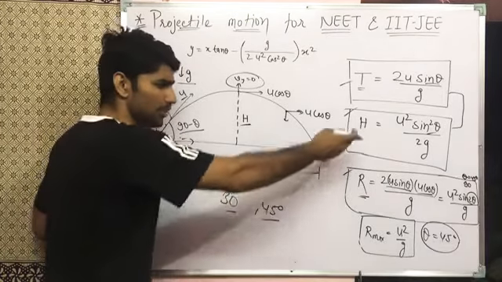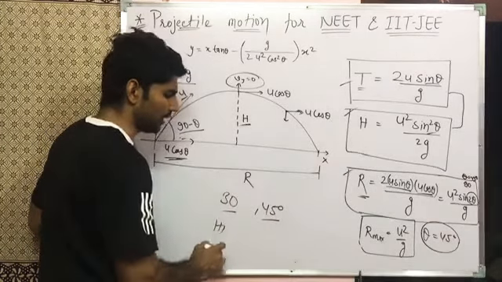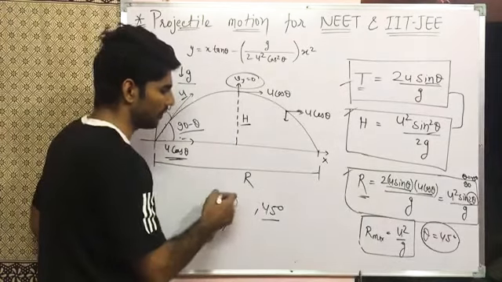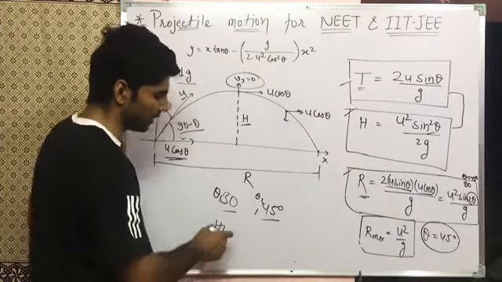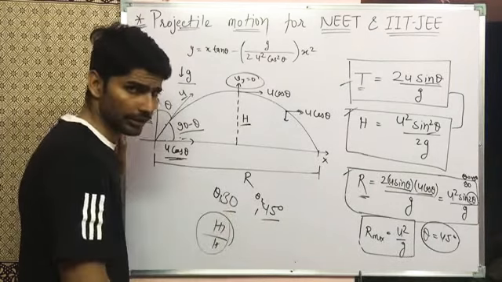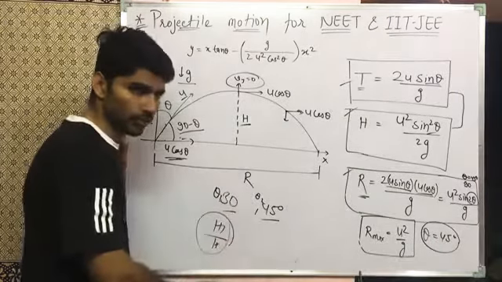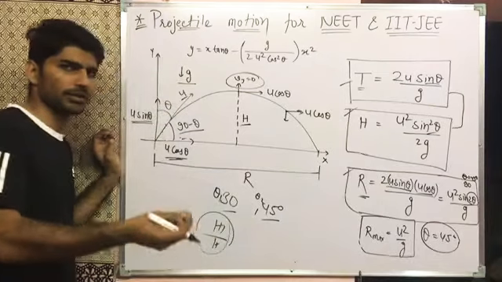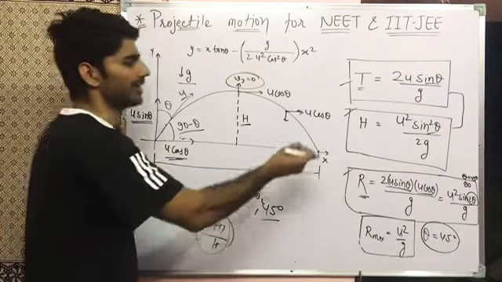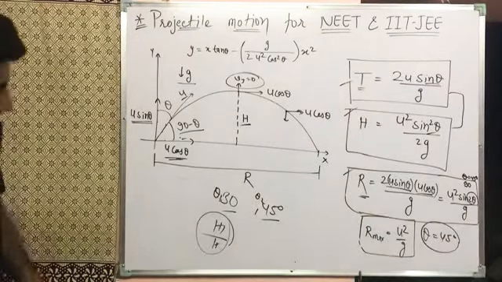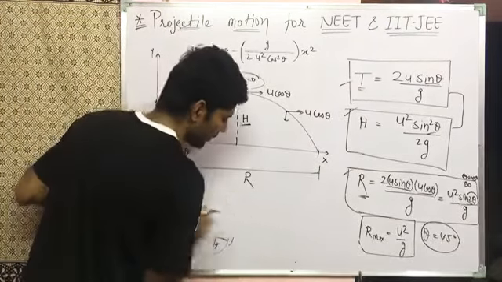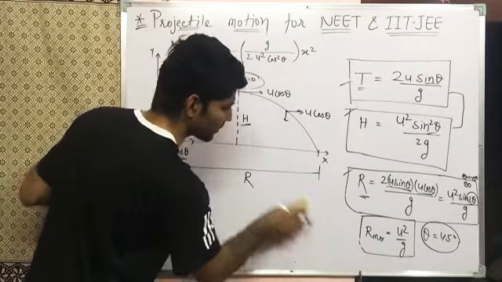Then you just need to get h1 for theta 1 and h2 for theta 2 and put them in the numerator and denominator, and you can get the ratio of that. So this is also very important, the comparison of height, time and range. You should know how to get all these things.